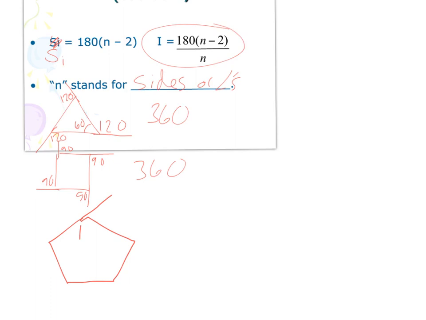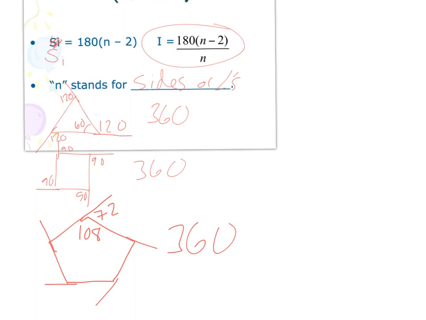Not 180, 108. There we go. All right. Well, that's a straight line once again, so what's my exterior angle? It's 72. All right. And again, I can do that on all of these angles, all my exterior angles. I'm going to get 72 for all those. What's 72 times 5? Once again, it's 360.